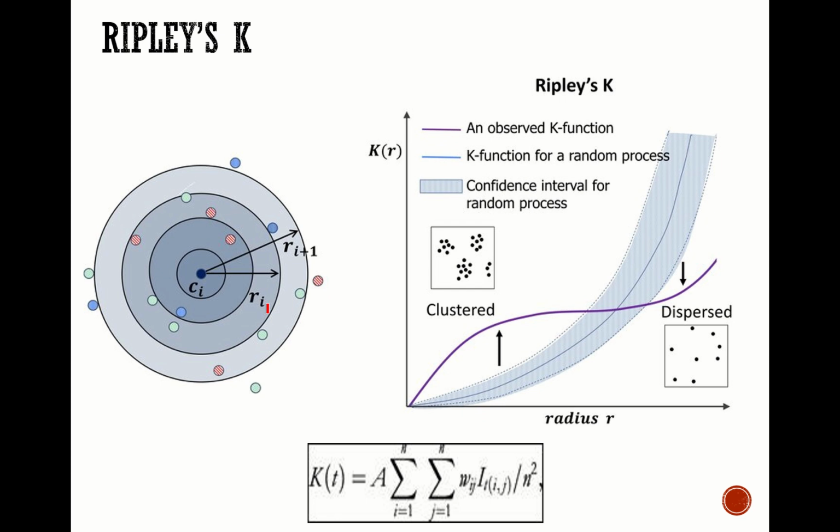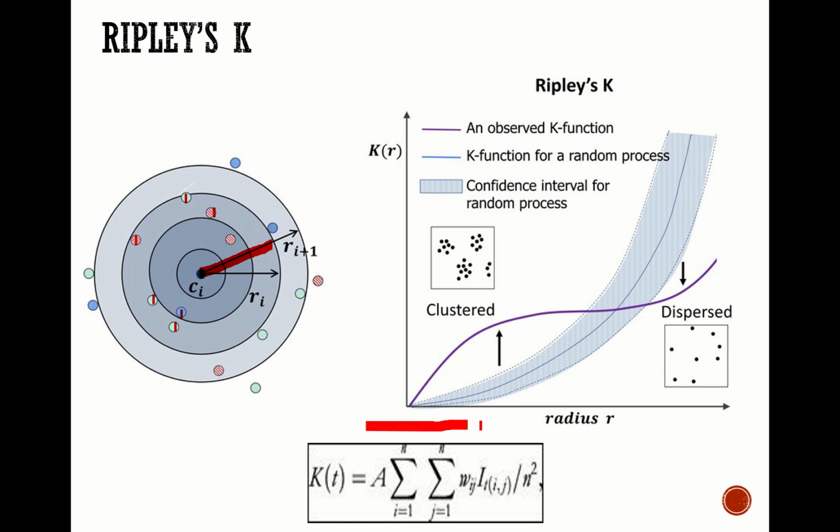With Ripley's K, you can imagine the middle point here is our center, and the further we go out from it, that distance is our radius. Imagine we're interested in analyzing the spatial distribution of the points away from our center point. Basically, this is what Ripley's K gives us.